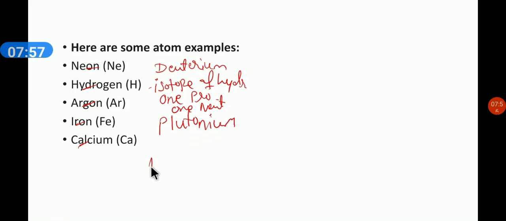Another one is the fluorine anion, which we can take as an example involving electrons.